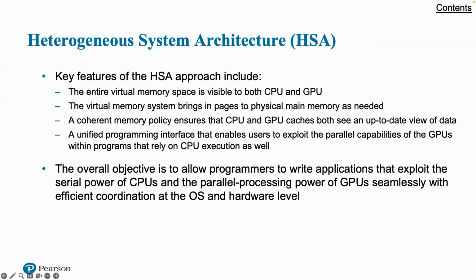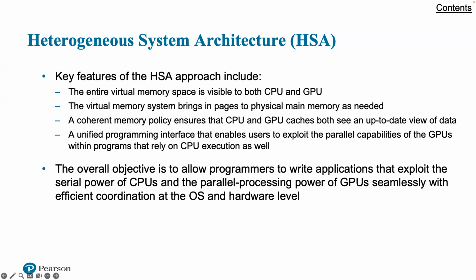Both CPU and GPUs can access and allocate any location in the system's virtual memory space. 2, the virtual memory system brings in pages to physical main memory as needed. 3, a coherent memory policy ensures that CPU and GPU caches both see an up-to-date view of data.